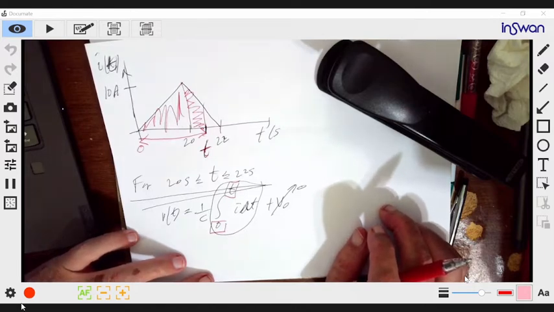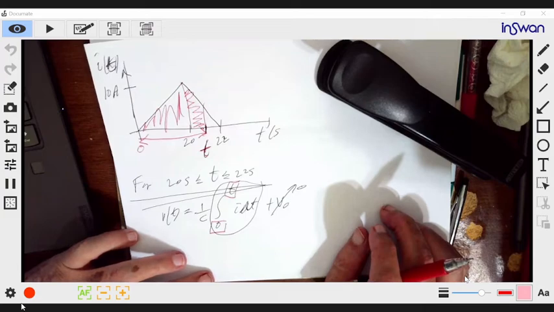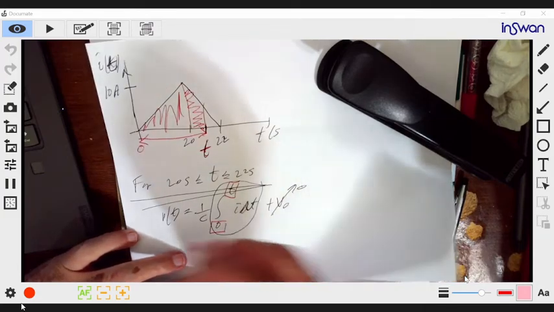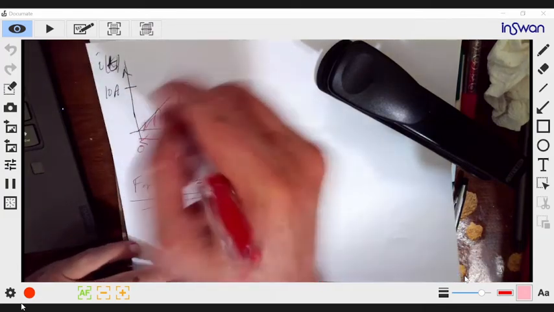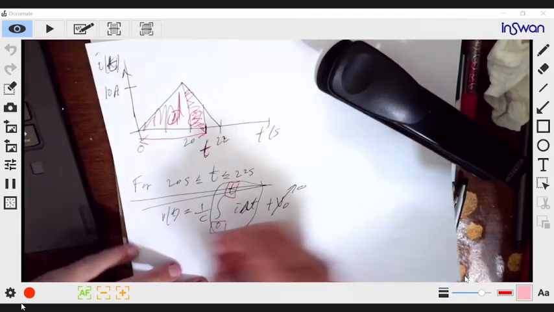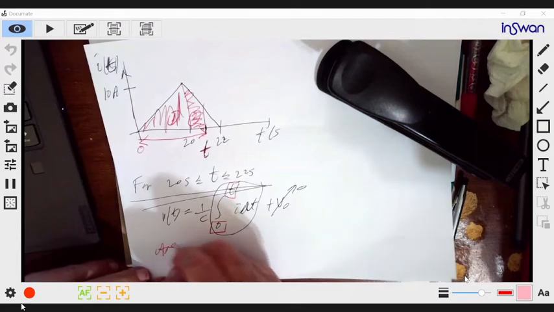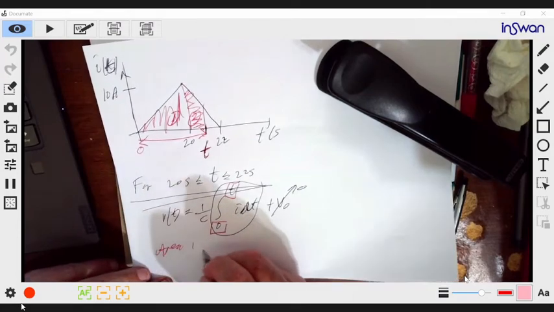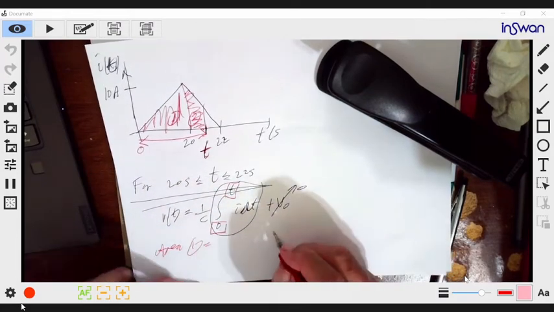So how do we find this area? Would you take the area from 0 to 20 and add it? All right. So total area is area 1 plus area 2. So area 1 equals what? What does area 1 equal?